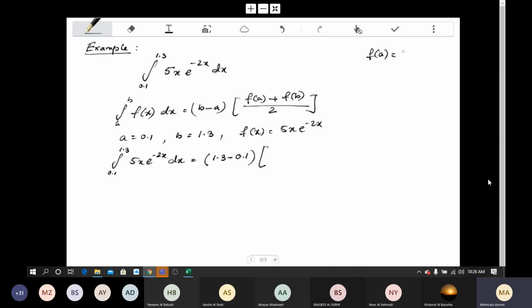So for f of a, we have 5 times x, which is our a, we know is 0.1, right? So we have 0.1 times e to the power minus 2 times 0.1. So what is the value of f of a? 0.41.